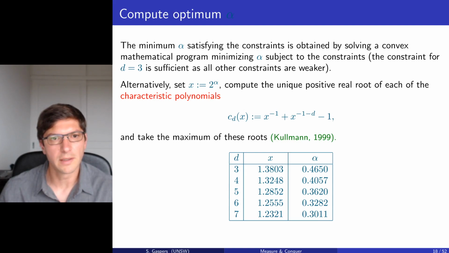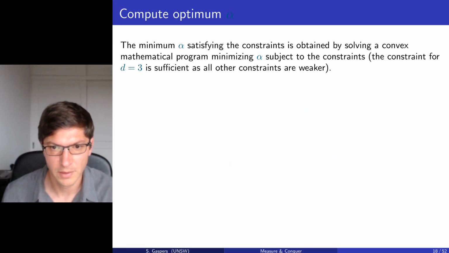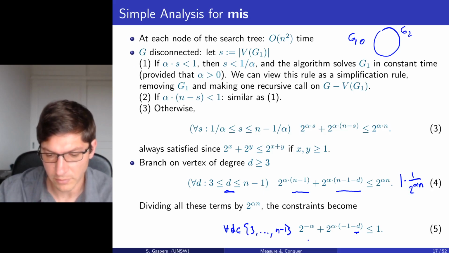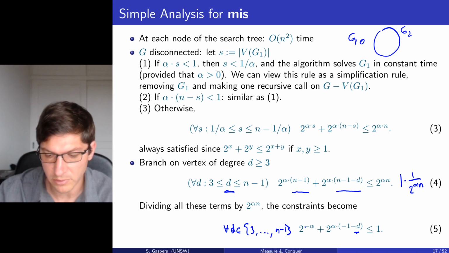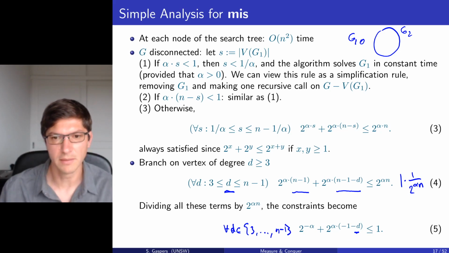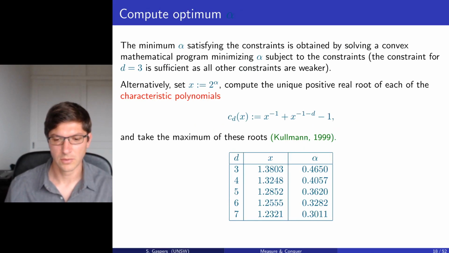An alternative way to do this is to set x equal to 2 to the power alpha, and then we compute the unique positive real roots of each of the characteristic polynomials, which is obtained directly from the constraint here. If x is 2 to the power alpha, here we get x to the power minus 1, and here we get x to the power minus 1 minus d, equal to 1.